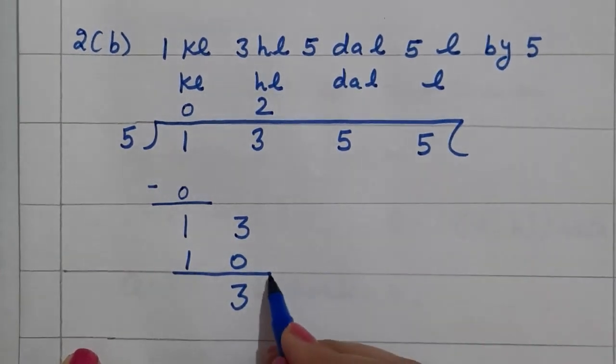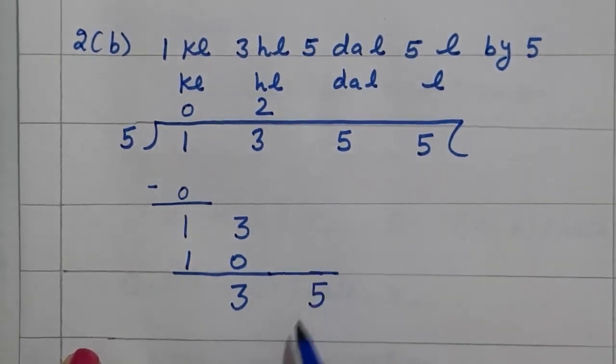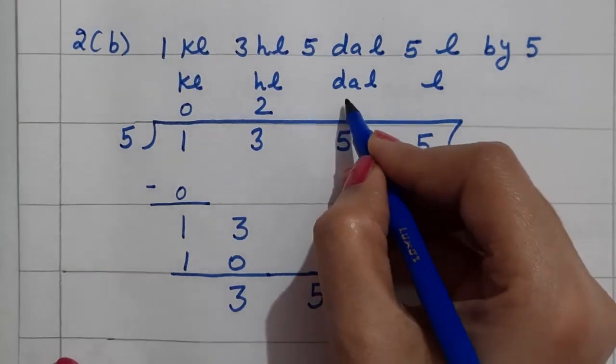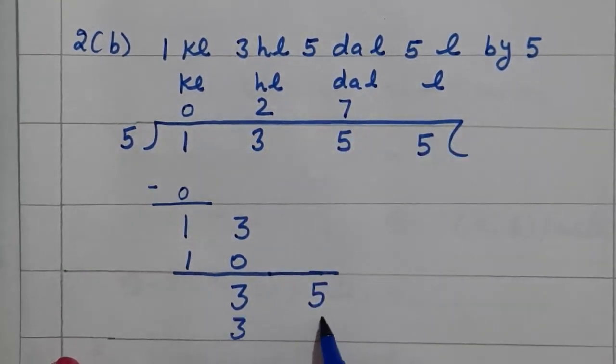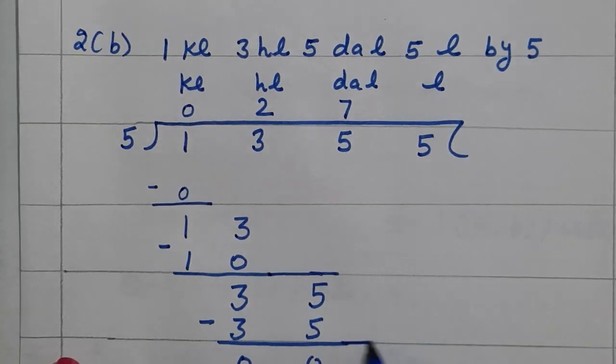Take the next digit. Next is 5. 5 7s are 35. Put the minus sign also. 0. Consider the next digit.